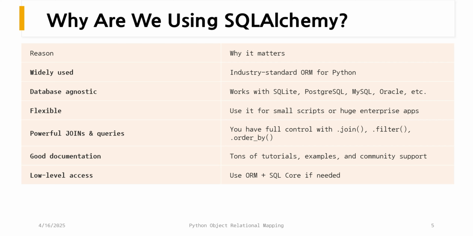It also has great documentation. Tons of tutorials, examples, and community support are available if you get stuck or want to learn more. And finally, SQLAlchemy gives you low-level access too. So if ORM isn't enough, you can drop down and use SQLAlchemy Core for more customized SQL control. It's the best of both worlds.